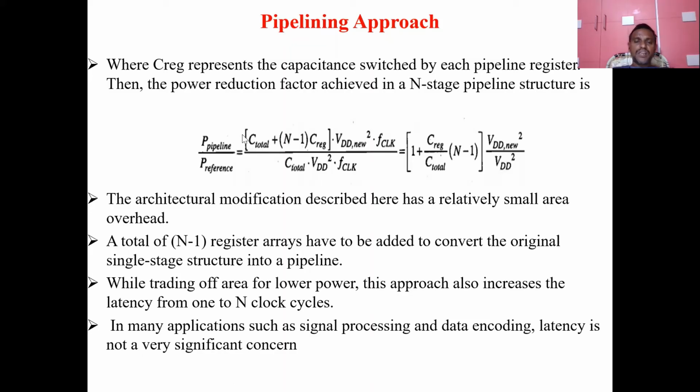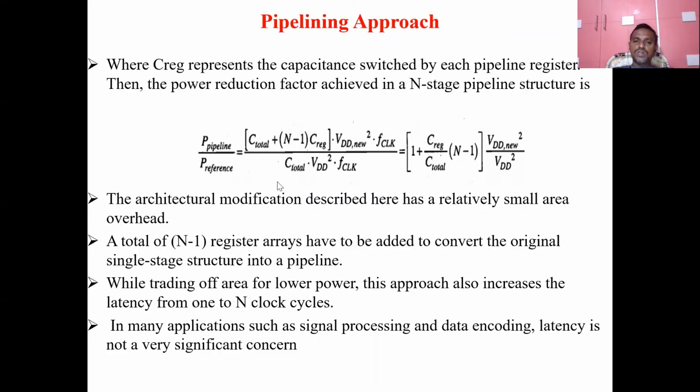That's why it is C total, the total capacitance of the input and output registers including the function, plus n minus 1 into C registers. C registers is the capacitance of each register, and n minus 1 means we are using n minus 1 register arrays, multiplied with VDD new square and f clock.